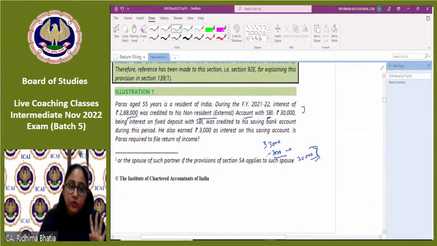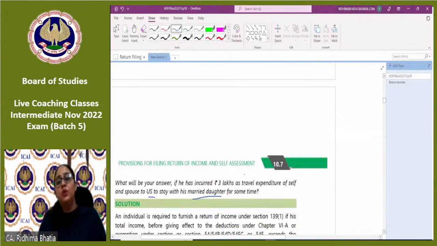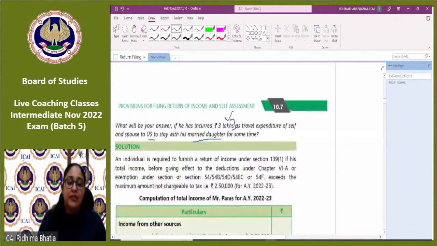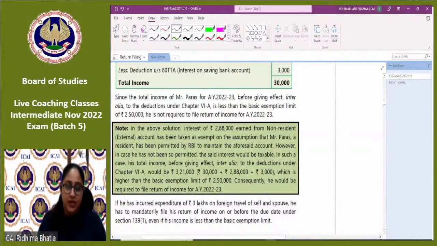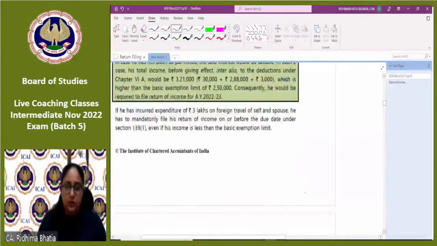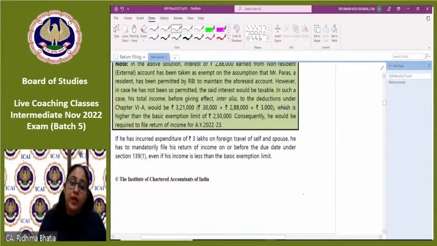But as per the fourth part, if you're spending more than 2 lakhs on foreign travel, even if you do not have income more than the basic exemption limit, you are required to file the return of income. That's why the moment he spends more than 2 lakhs, he has to file the return of income. Clear? And this is how you have to write the exam too.